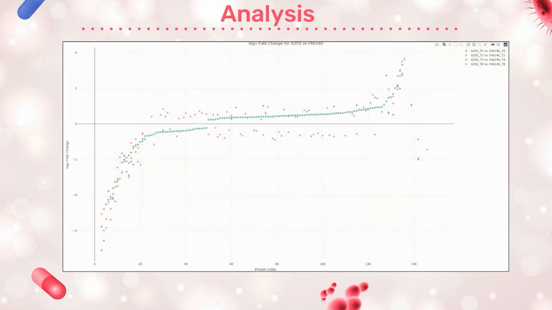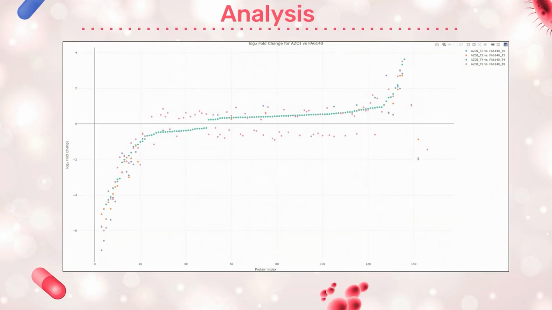So looking at the analysis, using the fold changes, we're going to be able to compare how the protein changes from its standard. So we created a lot of plots to be able to really visualize this. So we use Fsplots. Our primary focus, as I mentioned earlier, FA6140 and AZOI are very similar. So we really want to observe those changes right in the stream.